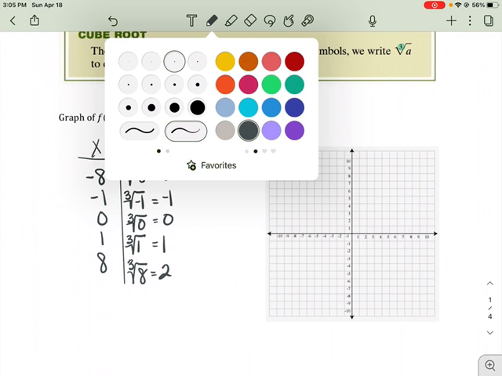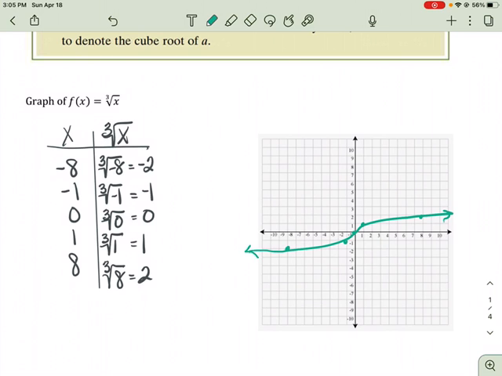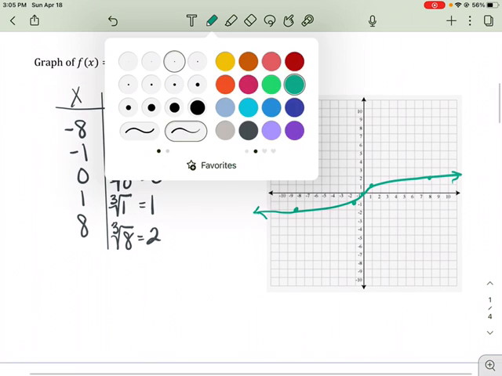We'll talk about domain and range in a minute. Okay, so over -8 down -2. Over -1 down -1. 0, 1, and 8. Okay. So there's our graph.